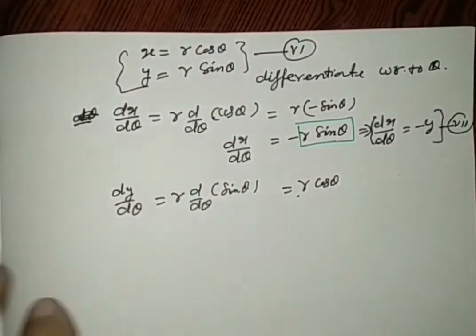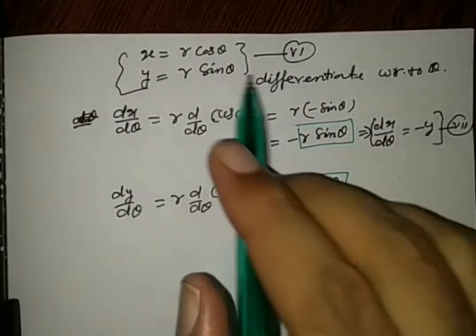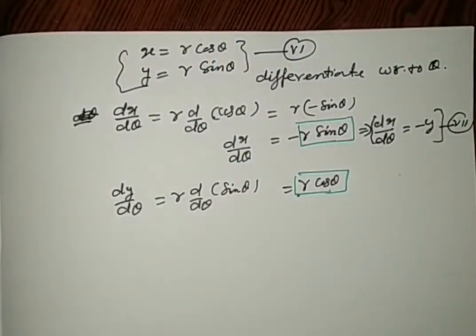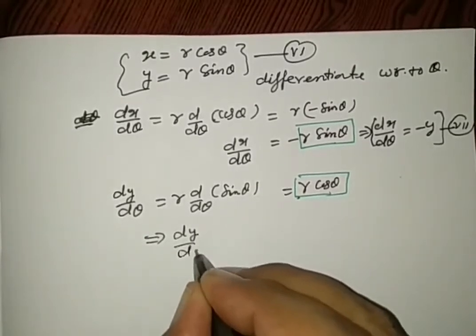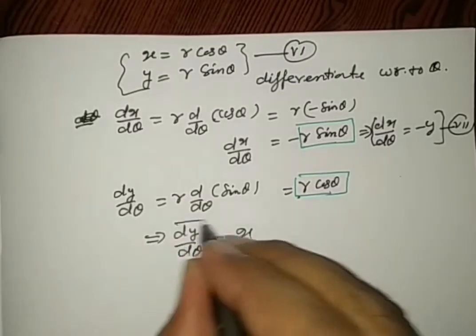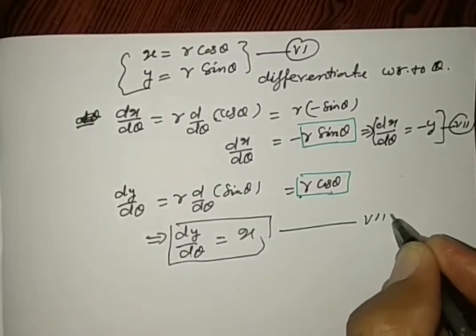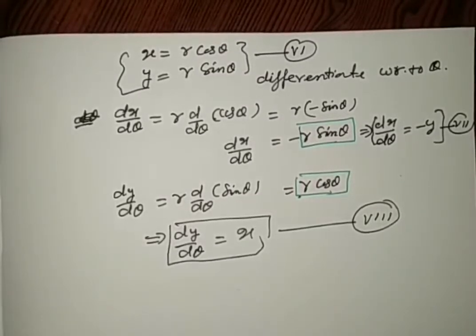Since r cos theta, see in the diagram, green box, r cos theta is equal to x, this implies that dy by d theta is equal to x, and it is equation number 8.